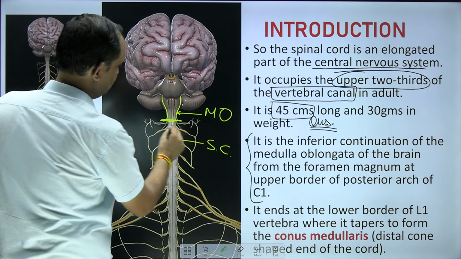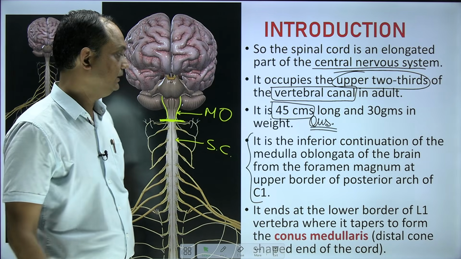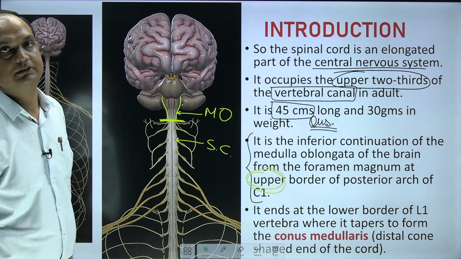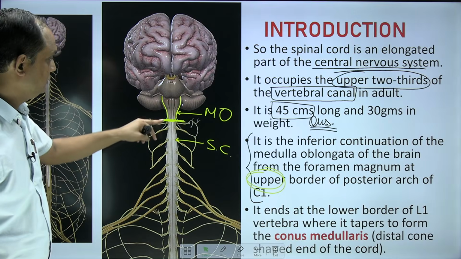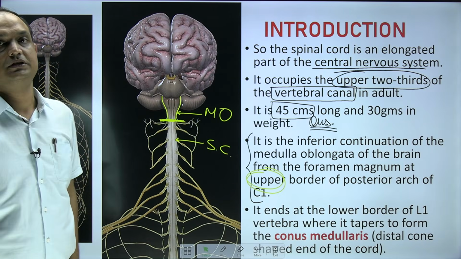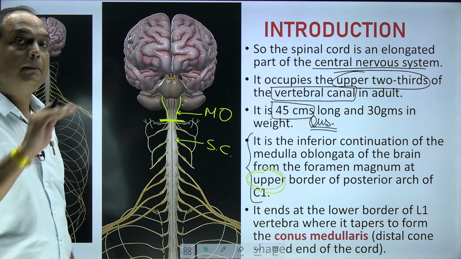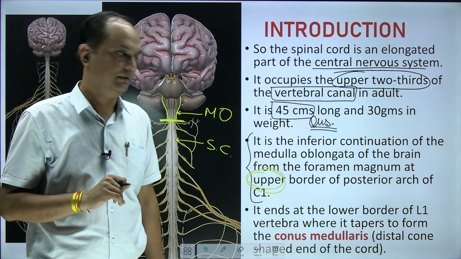This junction lies at the level of the upper border of the posterior arch of C1. So again an important line: what is the level of the junction of medulla and spinal cord? The answer is the upper border of the posterior arch of the first cervical vertebra.